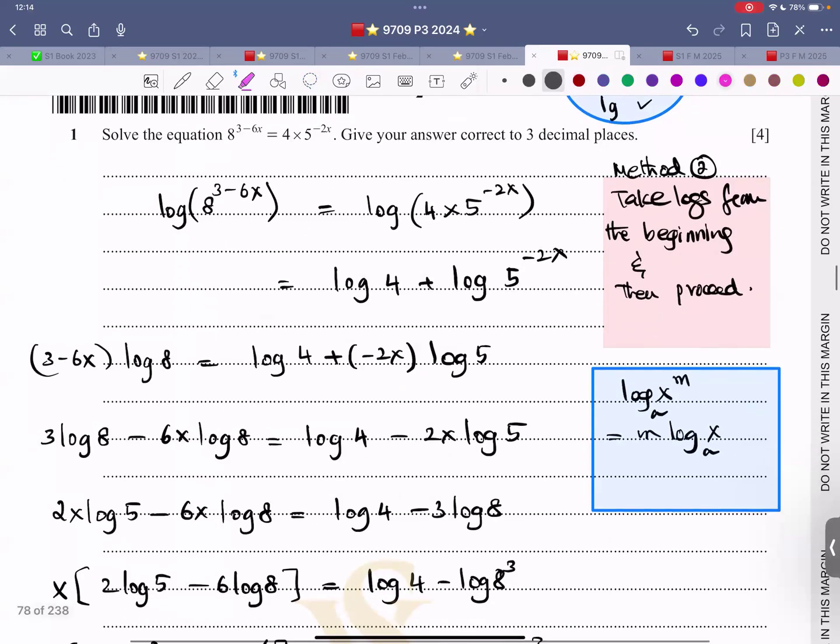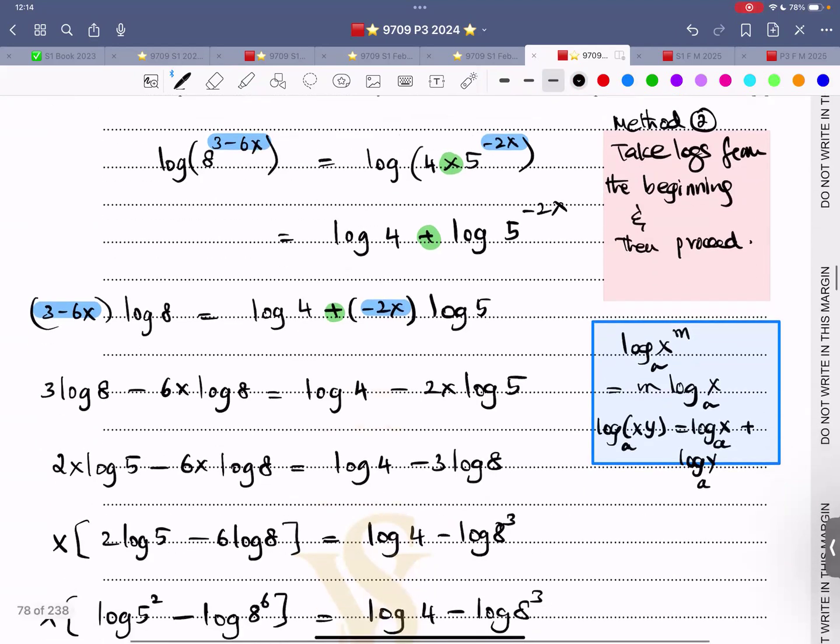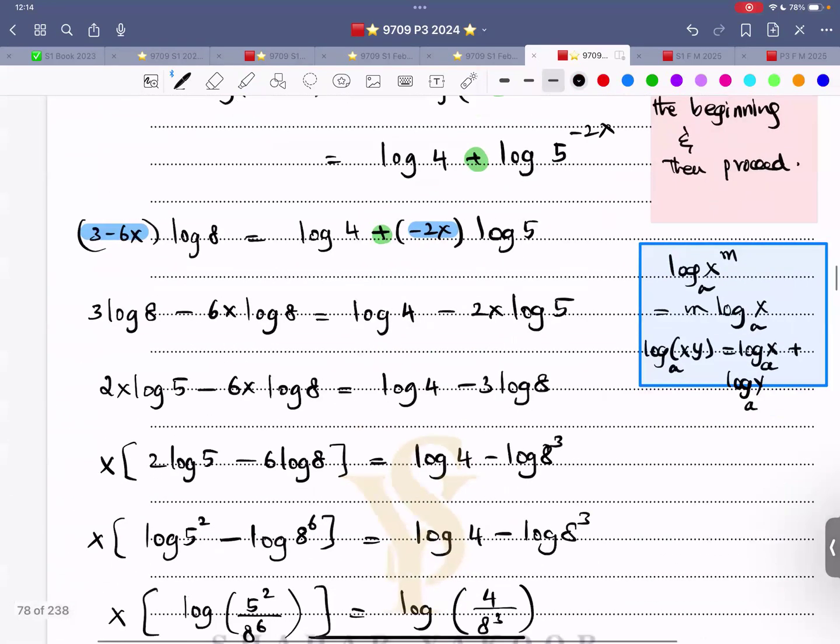So over here, this power 3 minus 6x, negative 2x, this comes down and multiplies, this comes down and multiplies. What is happening over here? This is multiplication, this is addition, this is addition. So the next rule is this thing, log xy base a, that is log x base a plus log y base a. That is the second thing that is applied.